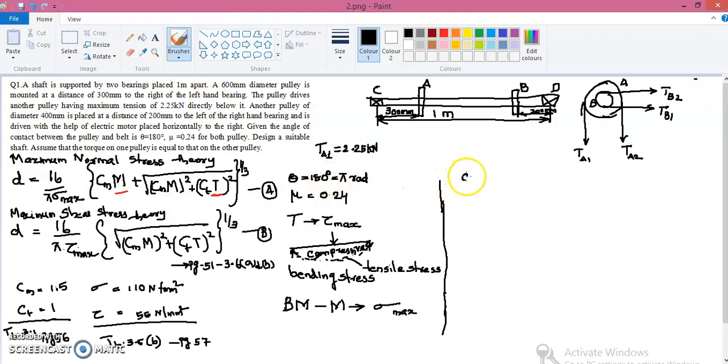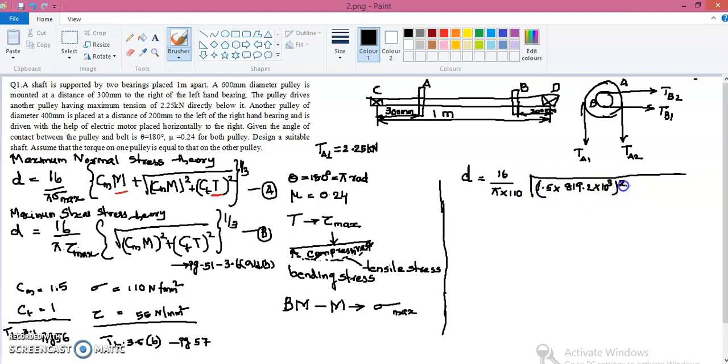According to the maximum shear stress theory, the diameter becomes 16 by pi into sigma max. The sigma value we got as 110 Newton per millimeter square. The unit is in millimeter. Now the remaining values we have to write. The value of CM is 1.5 and M we are getting as 819.2, converted into Newton millimeter, so it will be into 10 raised to 3.